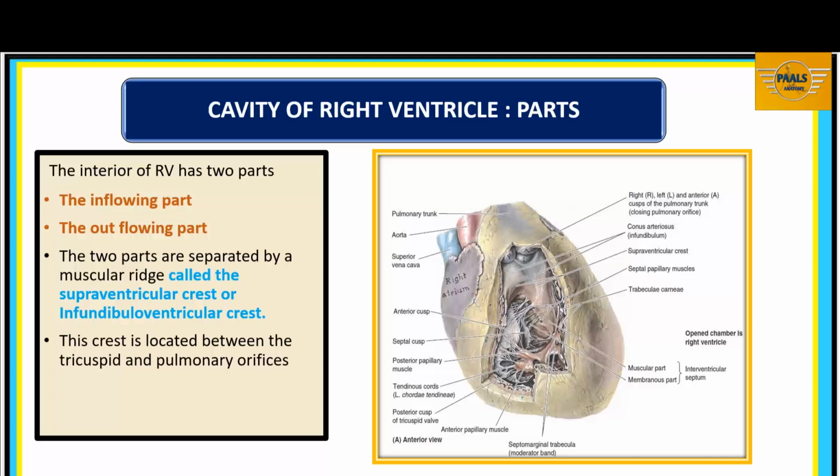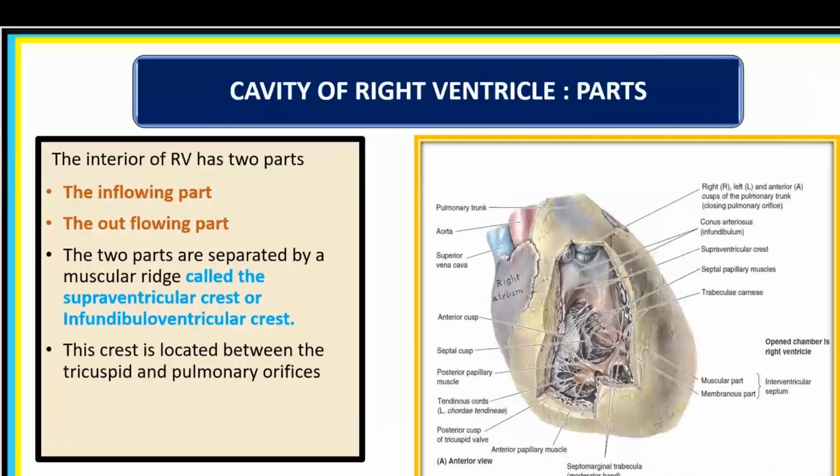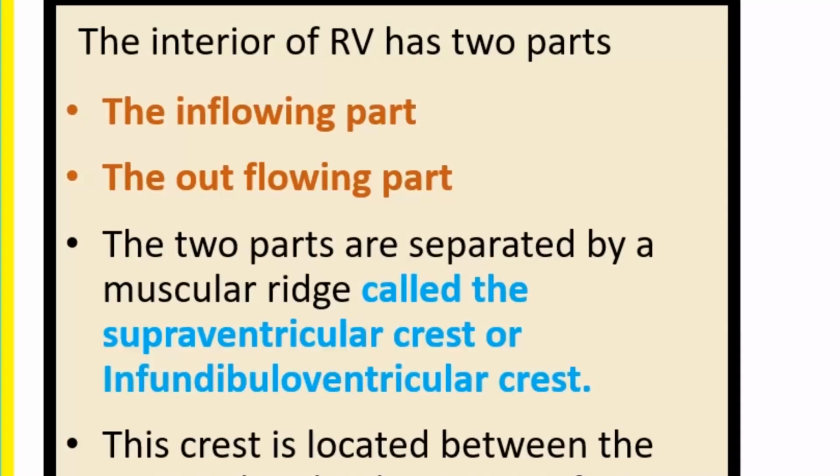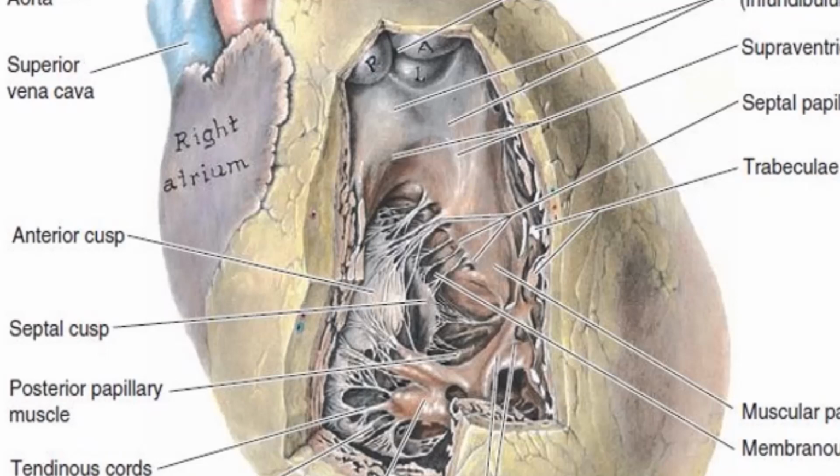In this section, we look at the parts of the ventricle. There are two main parts to the interior of the right ventricle. The first part is the inflowing part, and the second part is the outflowing part. We see the inflowing part is the part through which blood enters the right chamber of the ventricle.